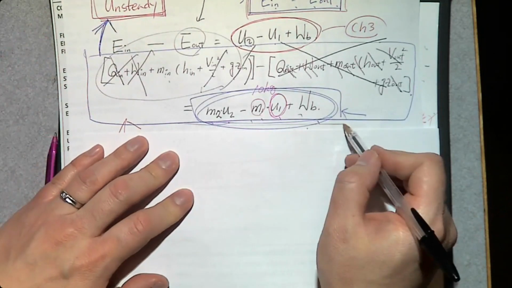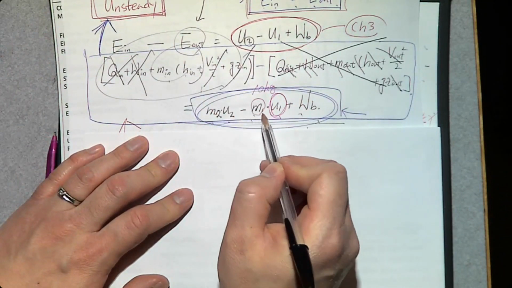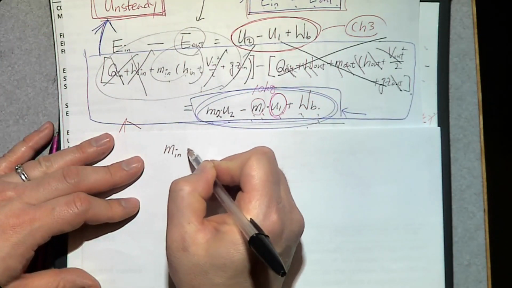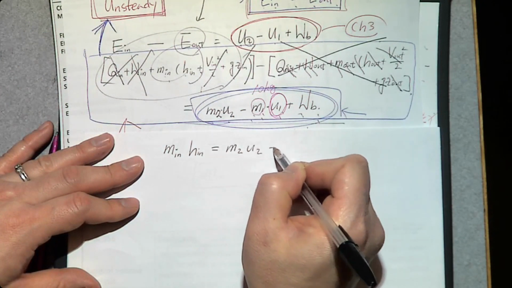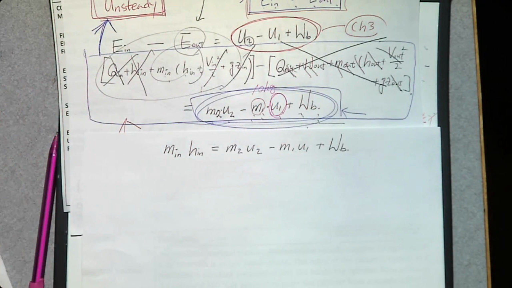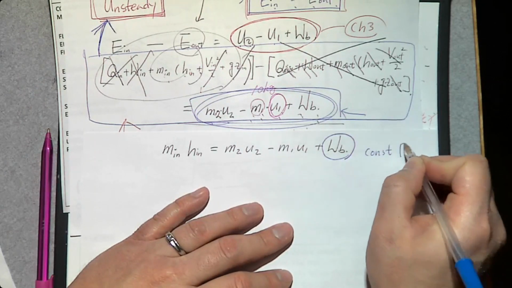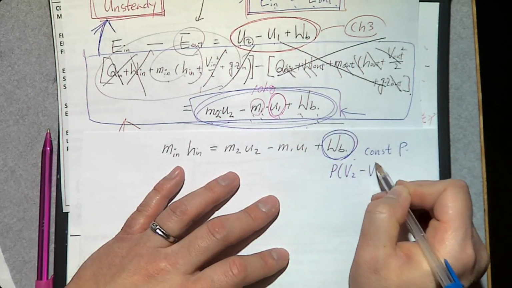So on the right-hand side, let me rewrite this equation. M in, H in is M2 U2 minus M1 U1 plus moving boundary work. If you have a constant pressure process, moving boundary work is going to be P times V2 minus V1.